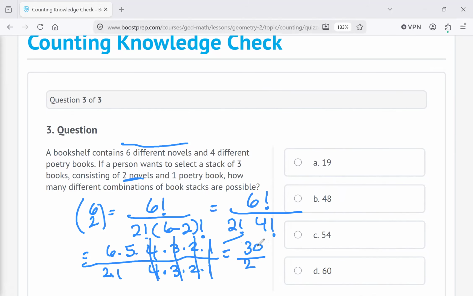Wait, did we do this right? 6 times 5 times 4. 6 minus 2 is 4.